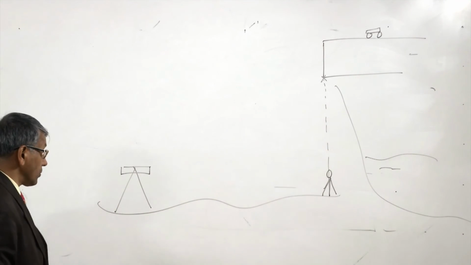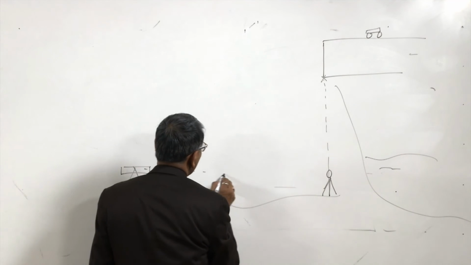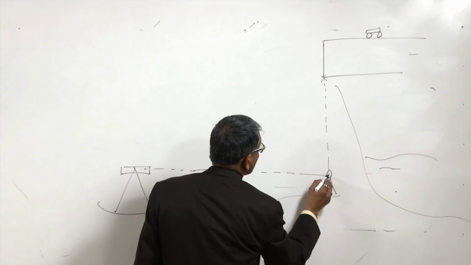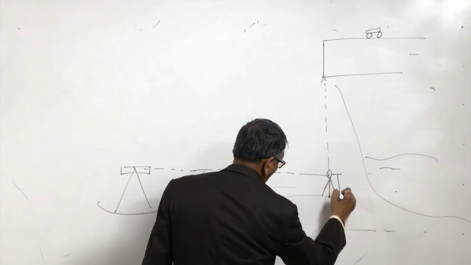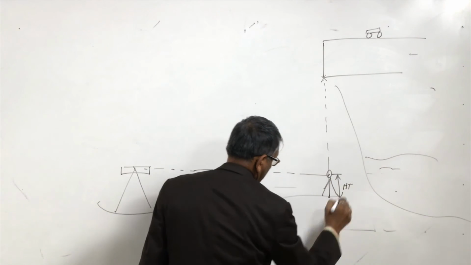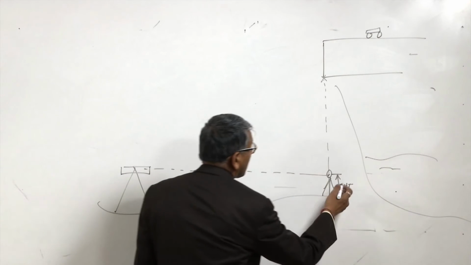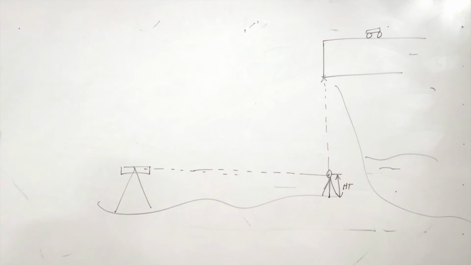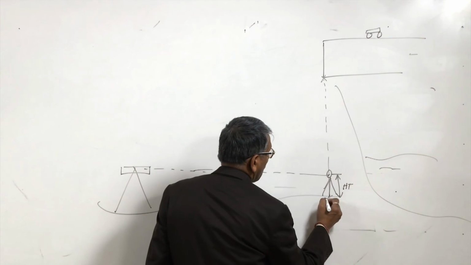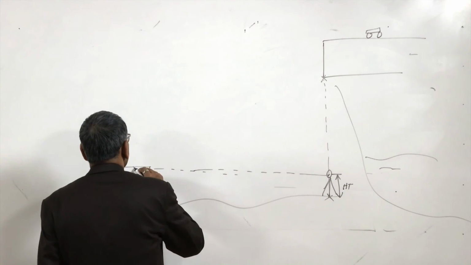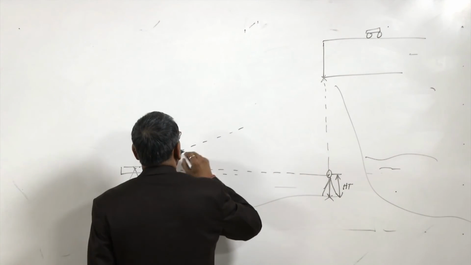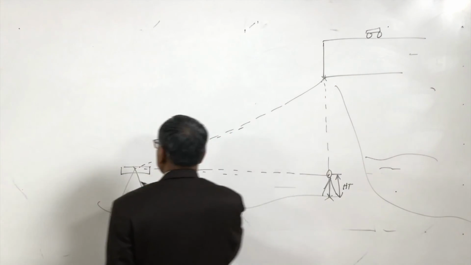First we will measure the height of the target, the height of our prism, which we know, and then we will bisect the telescope to this point.